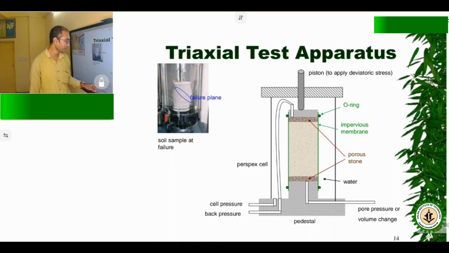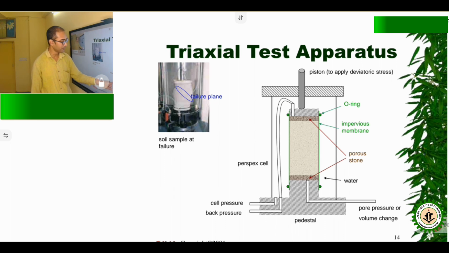This is a pedestal, and this is the cell pressure, and this is the back pressure, and the Perspex cell. In this Perspex cell, the water will fill, and the pressure is connected. The failure envelope is like this, and the failure plane will occur at 45 degrees plus phi by 2 to the horizontal.